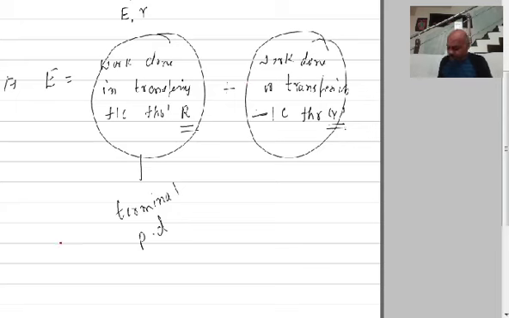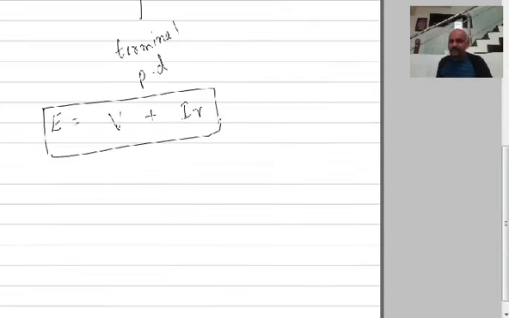So, E is equal to, this terminal potential difference is written as V plus this is I into R. The work done is equal to I into R. We can show that the work done is equal to I into R. Work done in transferring 1 coulomb charge is nothing but terminal PD. So, this is the equation for the EMF of a cell. E is equal to V plus IR.